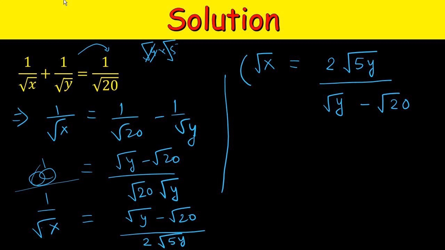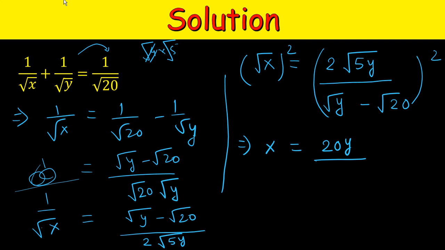Now we can square both sides so that this becomes x. So this is x, and then on the right side we have 20y divided by, this is (a minus b) whole square, that is a square plus b square minus 2ab, where a is root y and b is root 20.